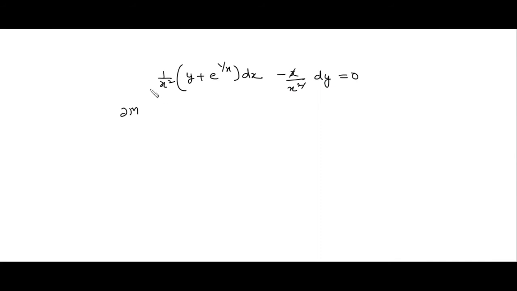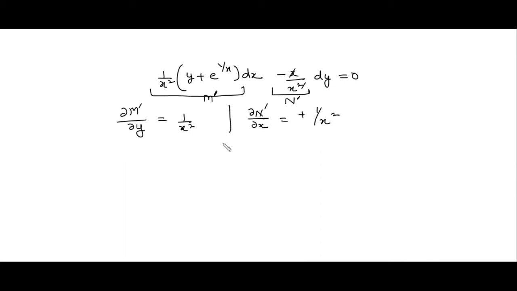Call this your new M, M dash, and this your new N, N dash. The partial derivative of M dash with respect to y will be 1 upon x square, and the partial derivative of N dash with respect to x will be plus 1 upon x square. Now your equation is exact.